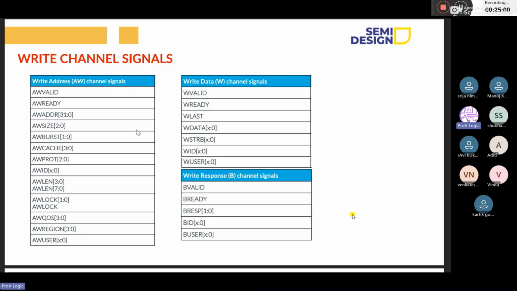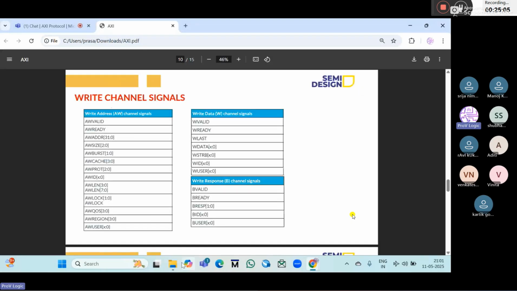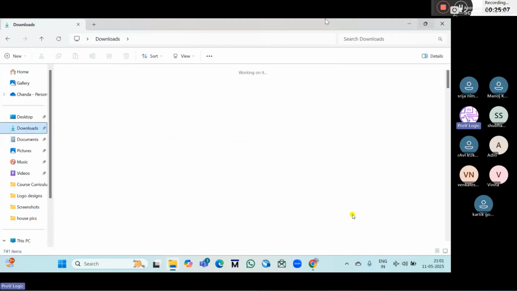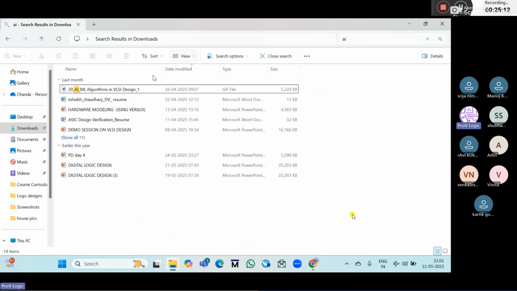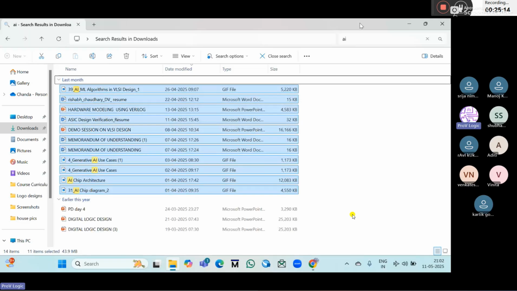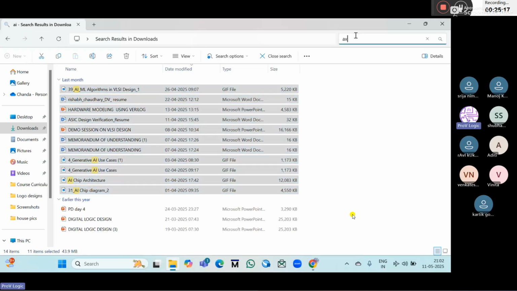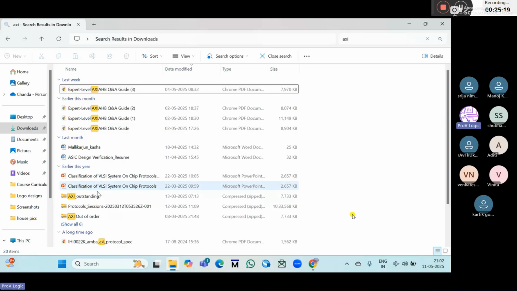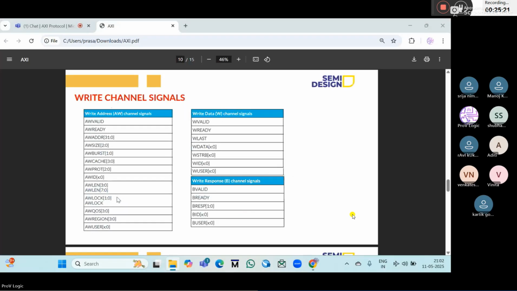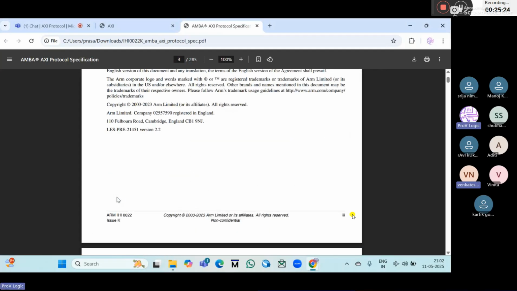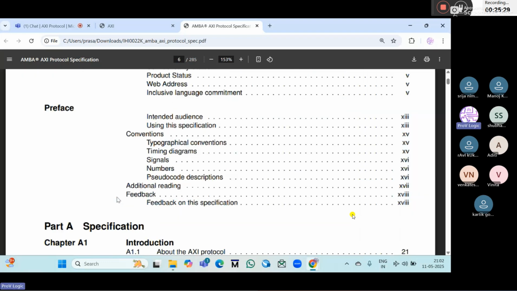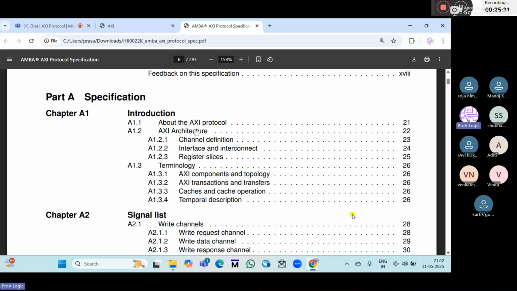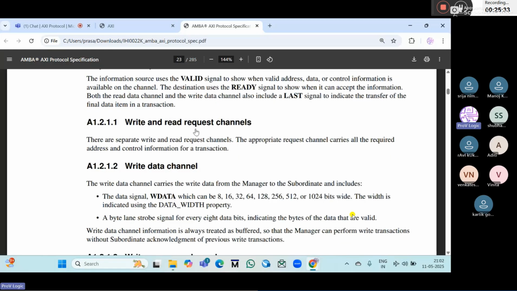If you want to understand all these signals clearly, I will explain anyway. But for revision purposes, if you want to learn properly, yesterday I shared the specification, right? Just go through the specification and refer to it. All these signals you will get from chapter 1, the AXI architecture.